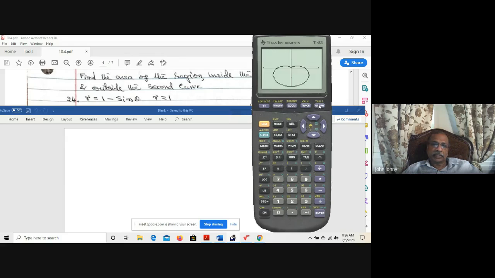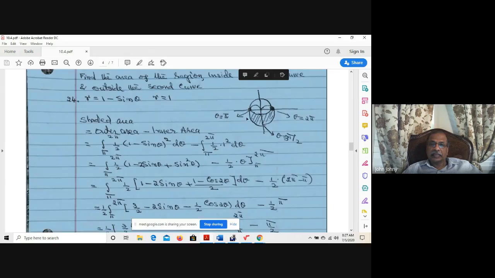That is the first curve. And now the second curve is r is equal to 1. That is a circle. So the question is to find the area of the region inside the first curve and outside the second. That means the shaded region here.